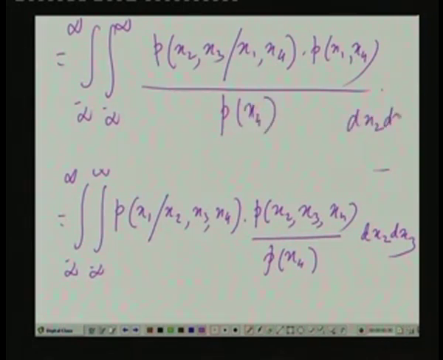dx2, dx3. Now, in this integral you see the first function p of x2, x3 subject to x1, x4, only that depends on x2, x3. Now, if that is integrated with respect to x2 and x3 from minus infinity to infinity, you get 1, because this is a conditional density of x2 and x3. Okay, x1 and x4 are conditioned, but x2 and x3 are moved over all possibilities from minus infinity to infinity. So, the total value has to be 1.